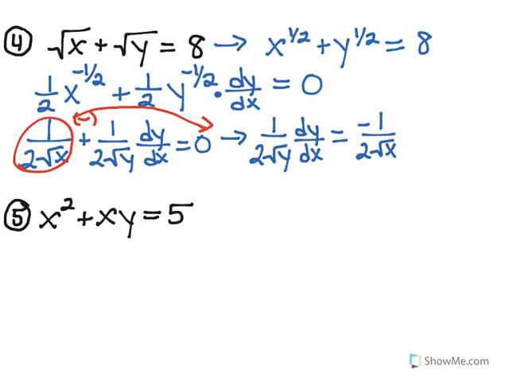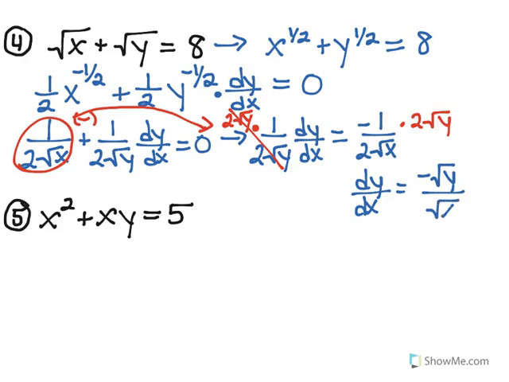I need to get rid of the 1 over 2 square root y, so since it's a fraction, I multiply by its reciprocal, 2 square root y, and that will eliminate it on that side of the equation. The 2's on the right-hand side are going to eliminate also, so this answer, dy/dx, is equal to negative square root y over square root x. You do not need to rationalize. You can leave your answer just like this. But you do need to reduce the 2's down.